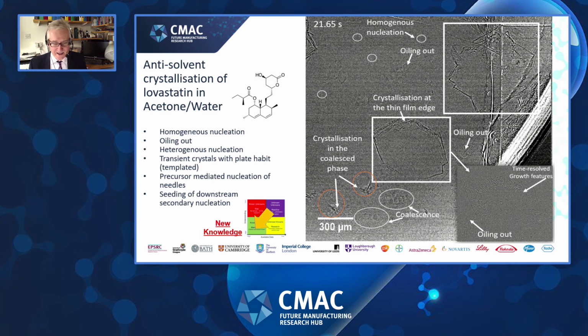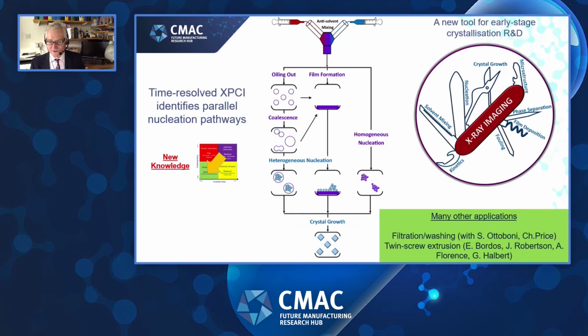So what this shows us is that the antisolvent crystallization process is much more complex than you would perhaps expect based on standard models. There's a lot more going on in terms of supersaturation and non-equilibrium thermodynamics.